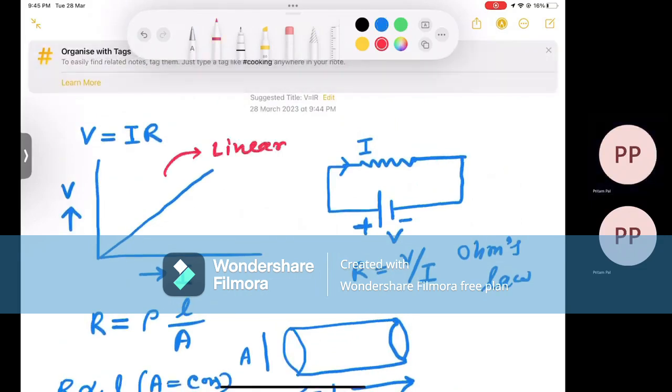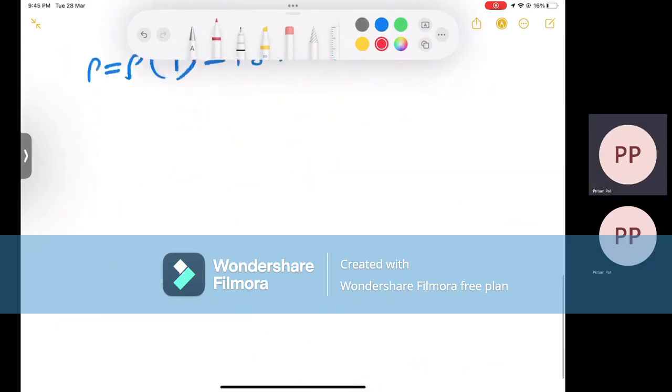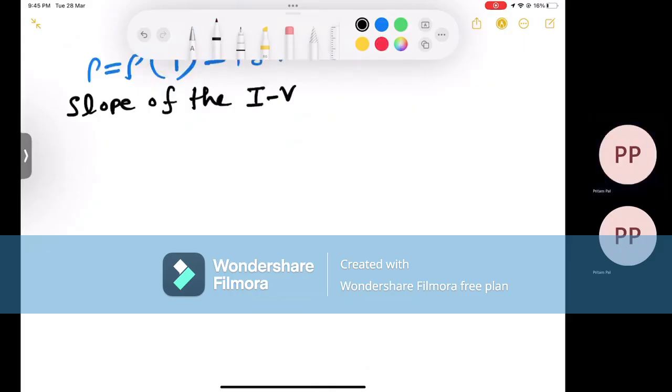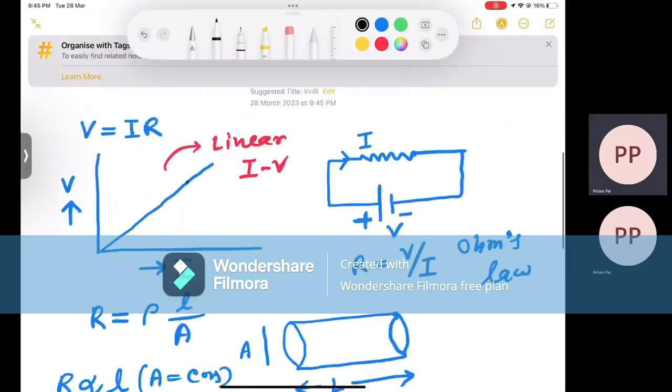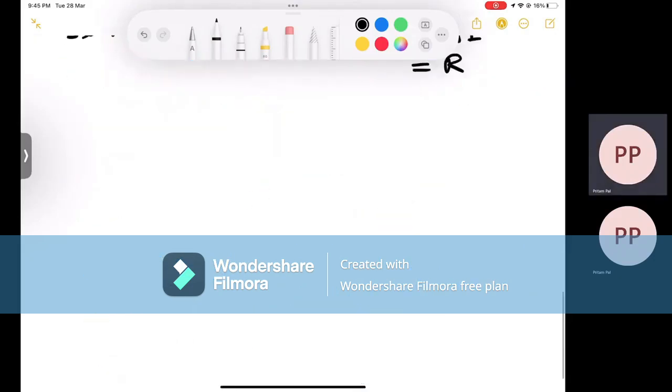In the linear IV characteristics, the slope of the IV curve is del V by del I, which is basically the resistance. That is why it's called linear.